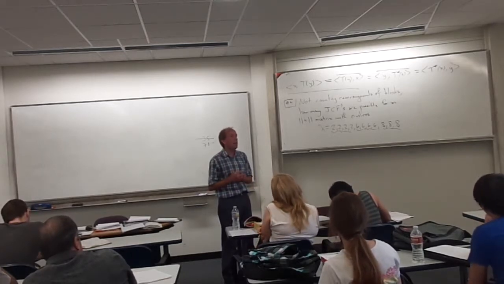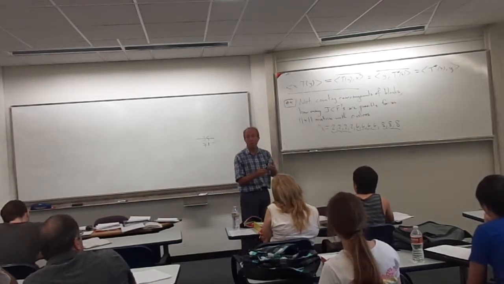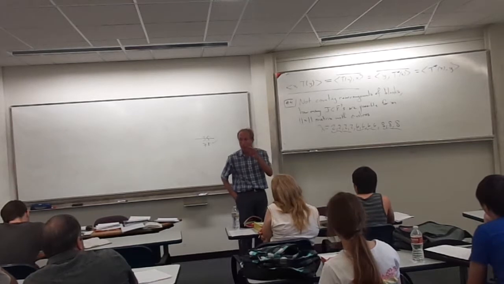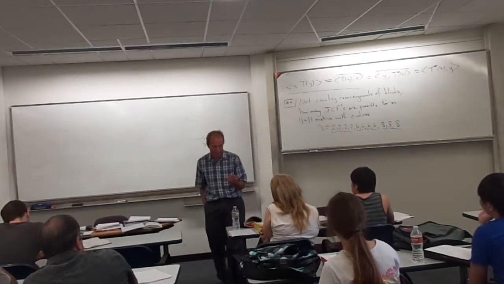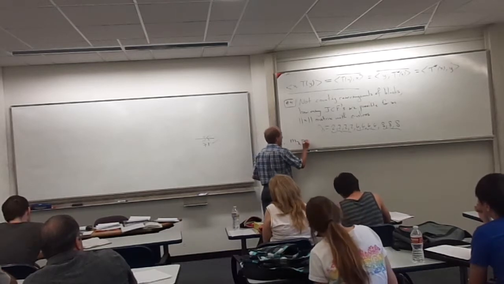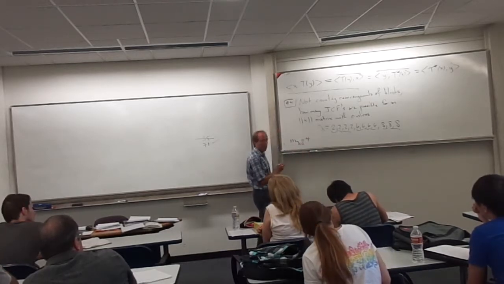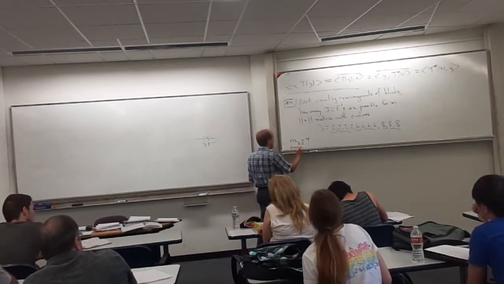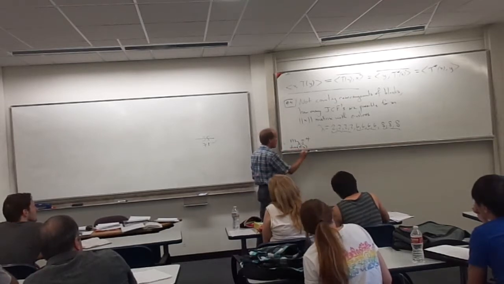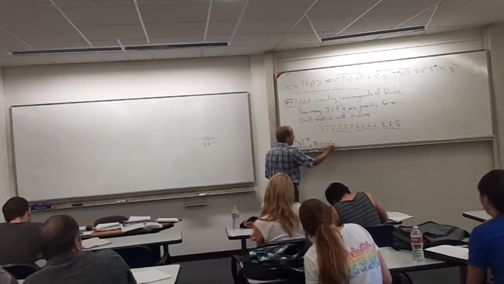The number of Jordan blocks, however, could be 1, 2, 3, or 4. The number of blocks, remember, that's the geometric multiplicity. So the m sub lambda, that's the algebraic multiplicity. So for lambda equals 2, that's 4. But the dimension of the eigenspace could be 1, 2, 3, or 4.